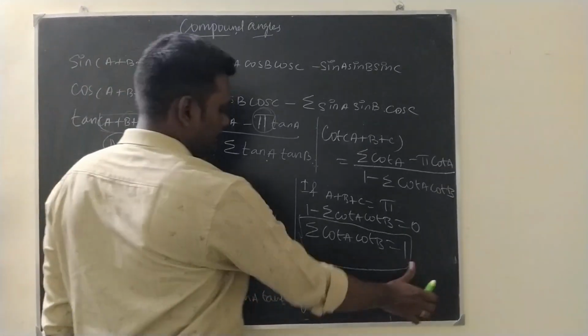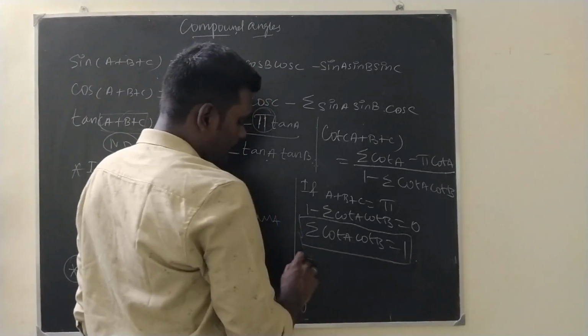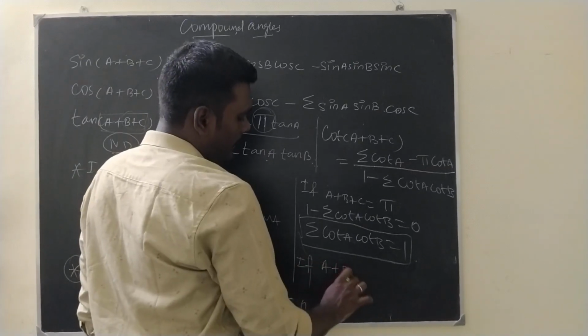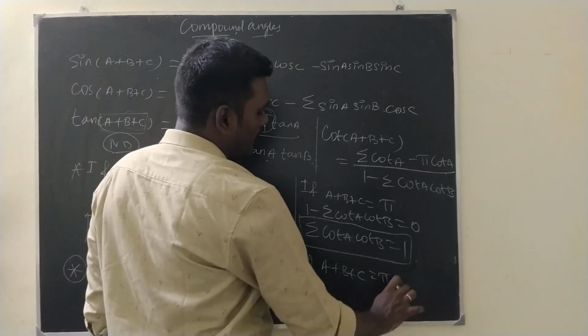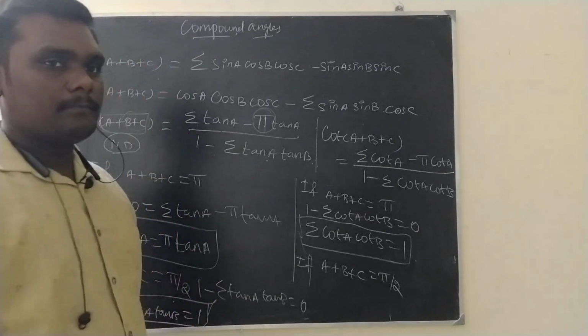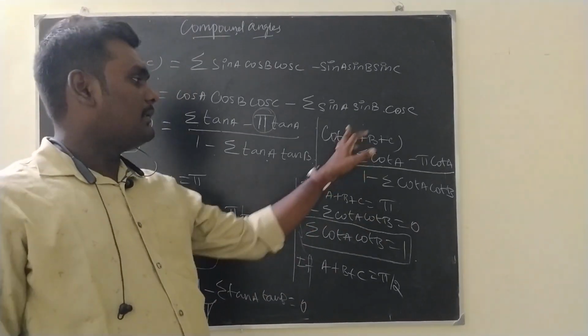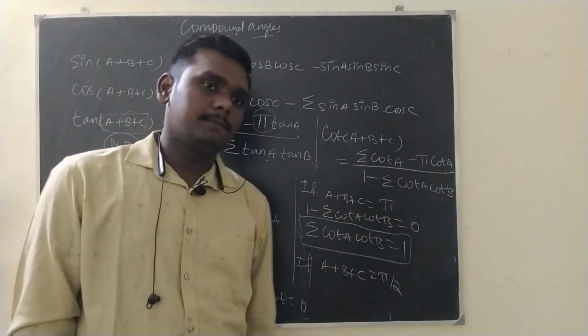The same way, suppose if A plus B plus C is pi by 2, 90 degree, then what is cot 90 degree? A plus B plus C as pi by 2 means?